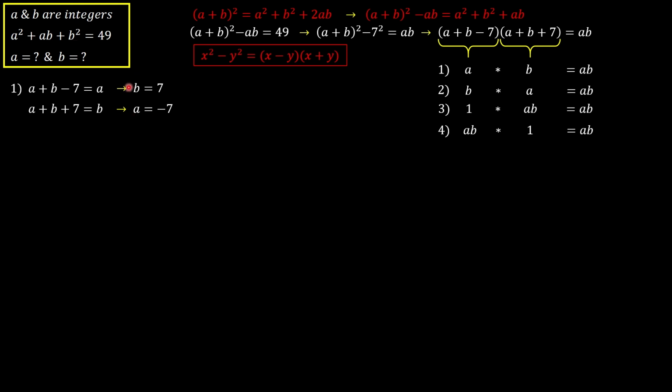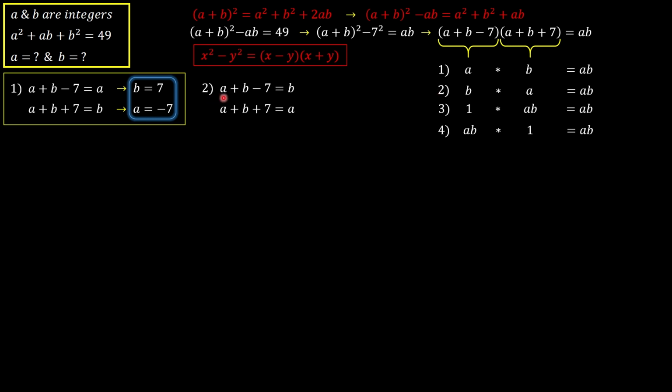So this answer is correct. Now let's check the second solution. a plus b minus 7 equals b, and a plus b plus 7 equals a. And from here we can find that b equals minus 7 and a equals 7. If we put these answers into our equation, we will get that these answers are also correct.